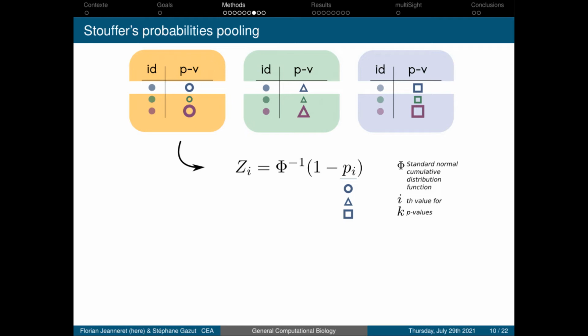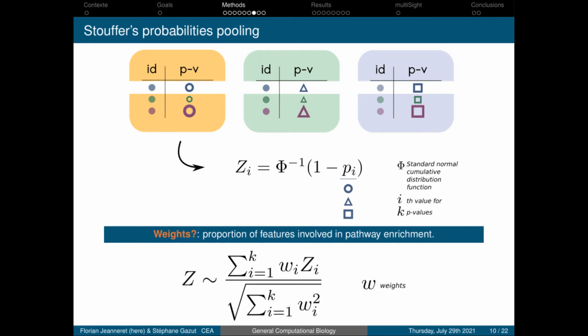You want to merge them, so you use the standard normal cumulative distribution function to retrieve z-scores from the probabilities. For each probability you have, so for 3 probabilities, we get 3 new z-scores.